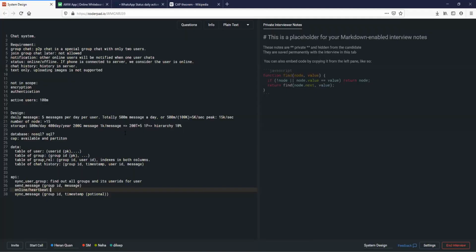Because this data is very big, I tend to choose NoSQL because it can handle a large amount of data. For these tables, the user table is keyed by user ID and group ID. And the chat history can be handled by the group ID. Group ID can be the primary key.